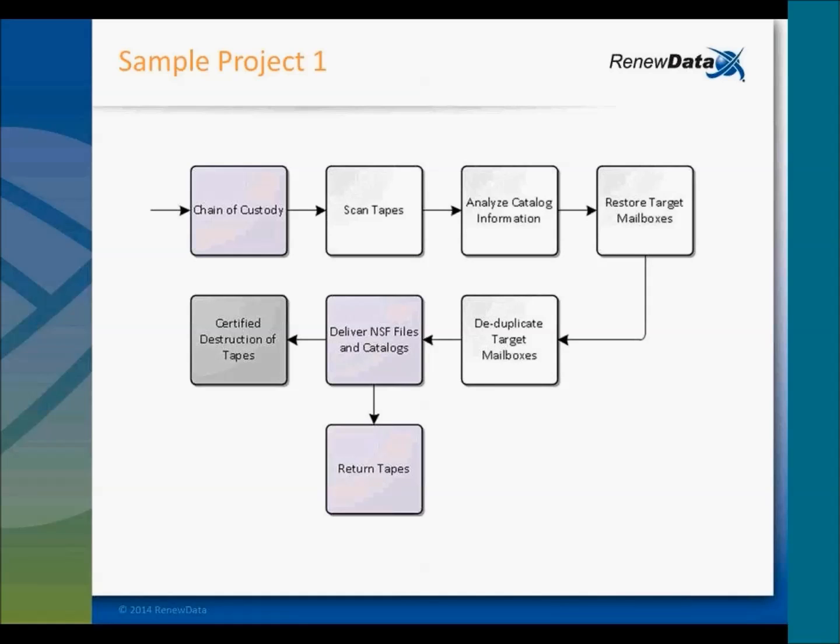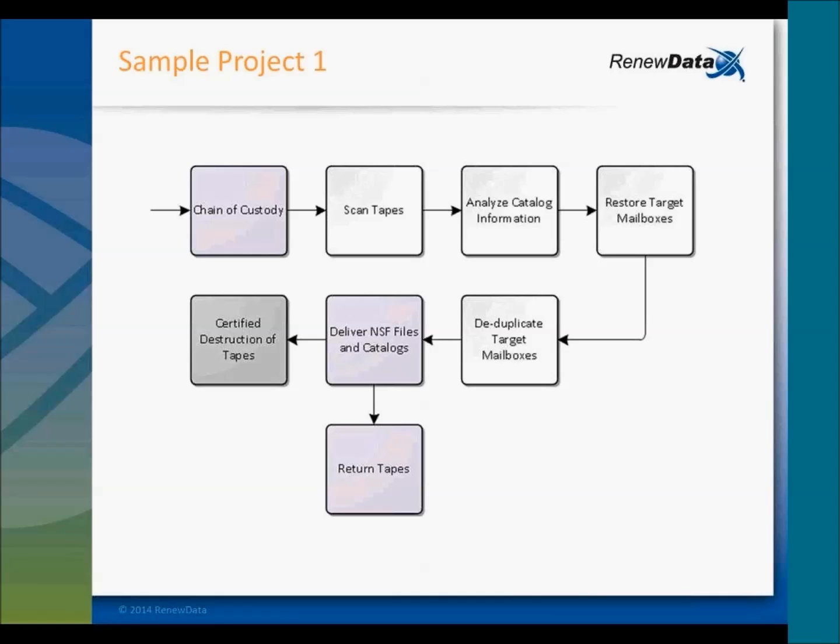At that point, specifically on large tape volumes like this, the company typically doesn't even know the types of tapes, the years the tapes were created, or what backup software was used. So we start to catalog that here and provide them back a full chain of custody report so that they know what they're dealing with.